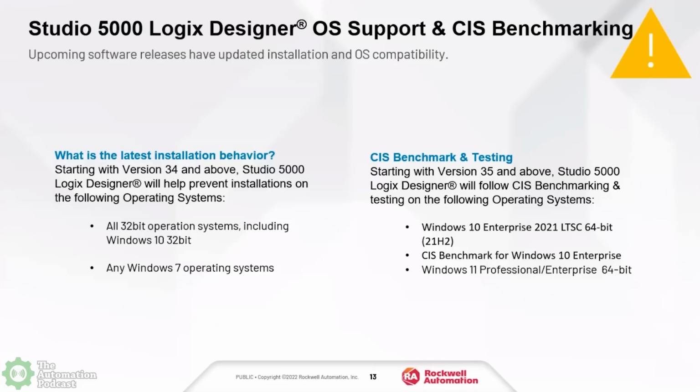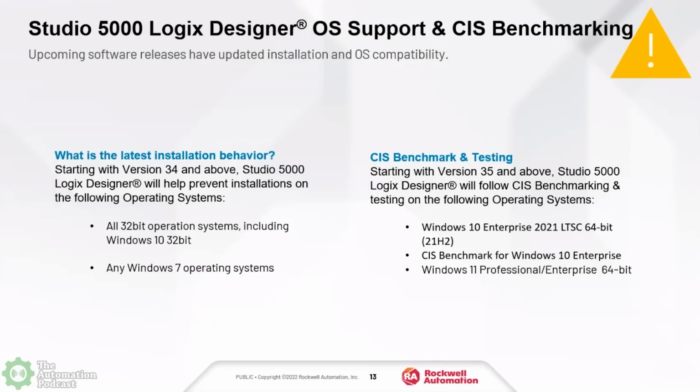There is some new support and testing that has been introduced to align with our upcoming release of version 35, and this is actually really exciting. We are now following CIS benchmark testing. CIS benchmarks from the Center for Internet Security are a set of globally recognized and consensus-driven best practices to help implement and manage cybersecurity defenses.